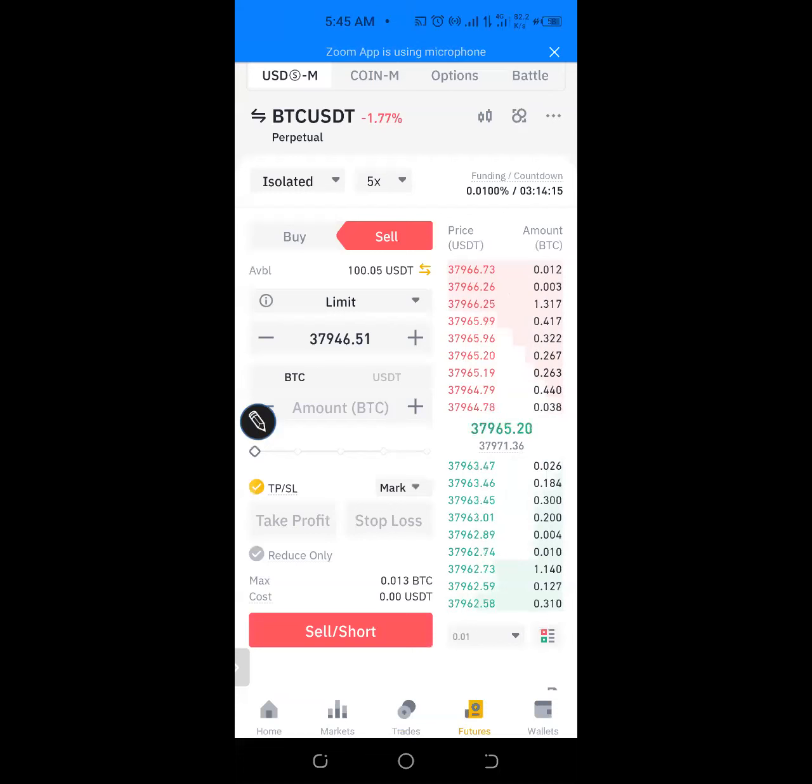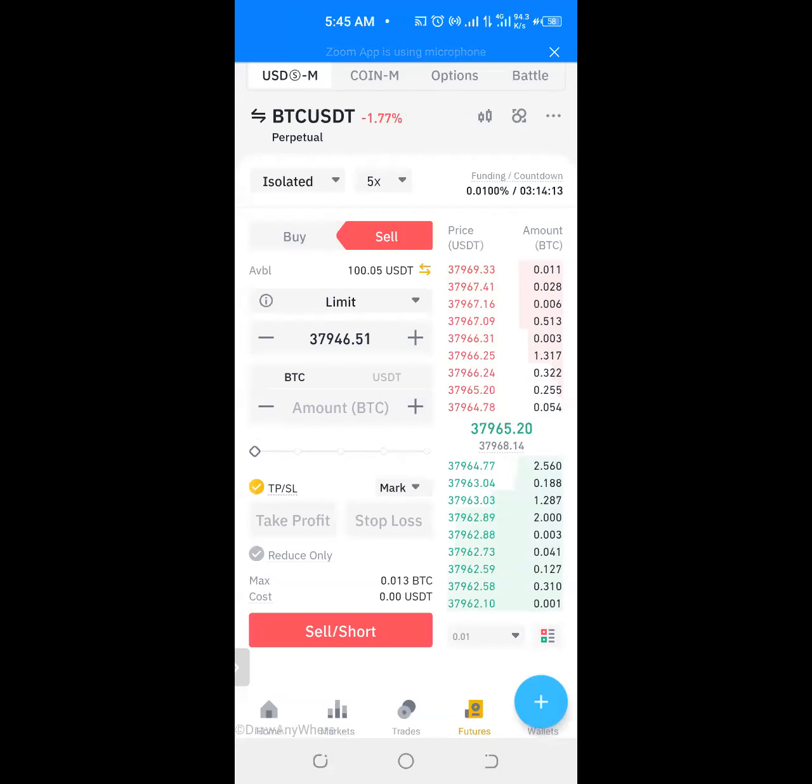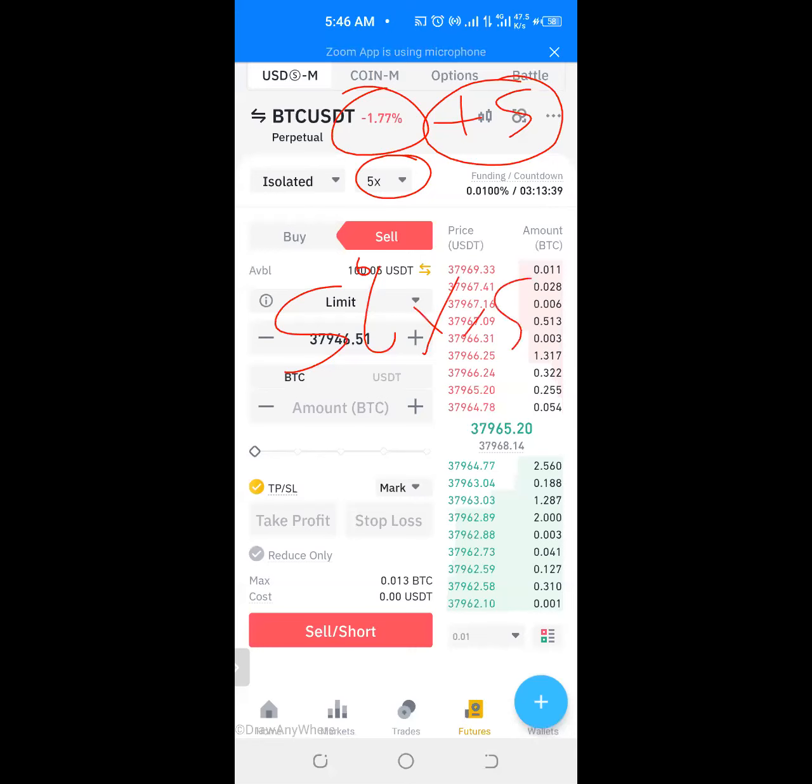If I want to speculate on the price of Bitcoin and I place a buy on Bitcoin, and Bitcoin rises from the time I place the trade by plus 5%, for example, and my leverage was 5x, it means my reward will not just be the 5% of the amount I used to speculate, but 5% times 5x for leverage.